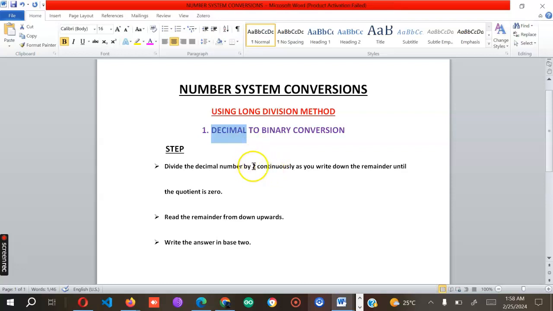You divide the number by 2 continuously, writing down the remainder, until the quotient is 0. Then after you get the quotient 0, you read the remainders from downwards going upward. The final part is to write the answer in base 2.